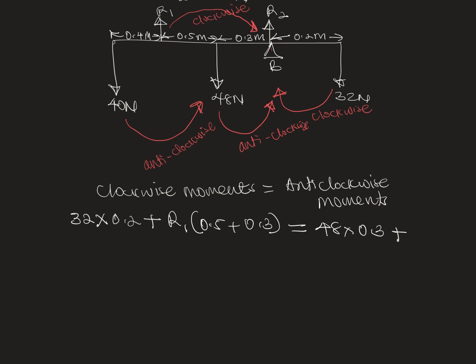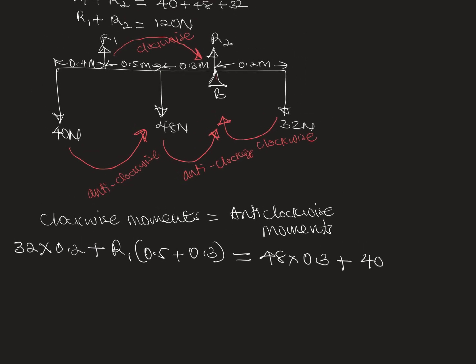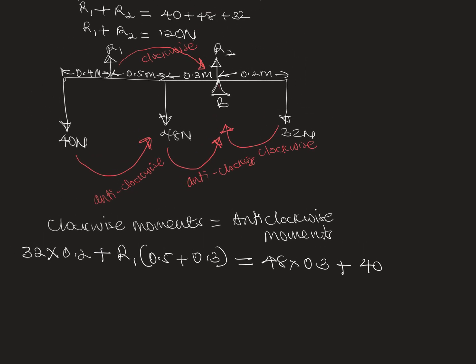The other anti-clockwise moment is the 40 newton. Let's look at how far it is from pivot B. The 40 newton, you have 0.4, 0.5, 0.3 from pivot B. We are coming all the way through this distance.